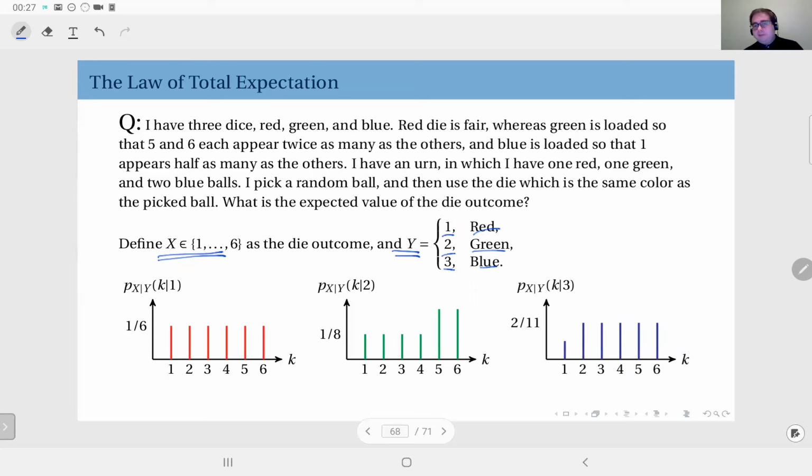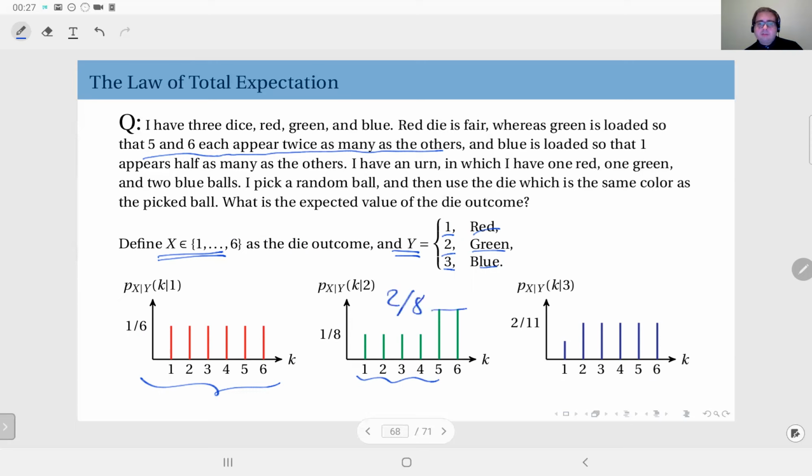So what we have are conditional distributions because we know the characteristics of the dice. The red is fair, all of them 1/6, and for the green, 5 and 6 each appear twice as many as the others. So for 1 through 4, we have 1/8, and for 5 and 6, we have 2/8.